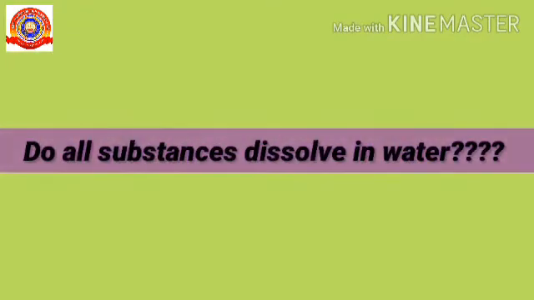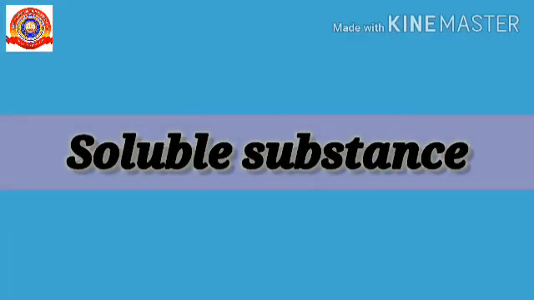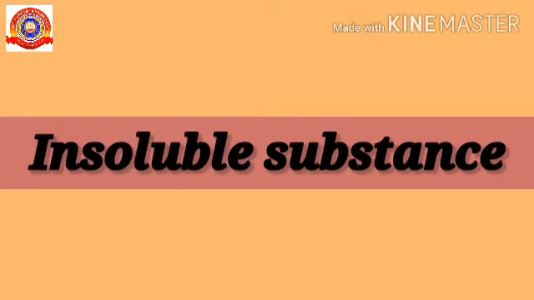Do all substances dissolve in water? The answer is no. Some substances dissolve in water and some do not. Those that dissolve are called soluble substances and those that do not dissolve are called insoluble substances.